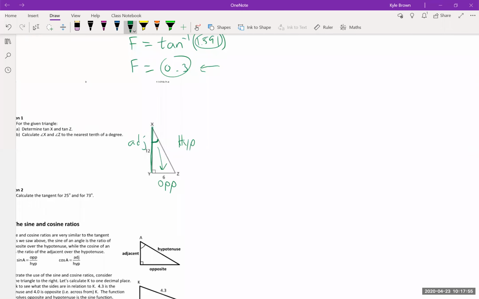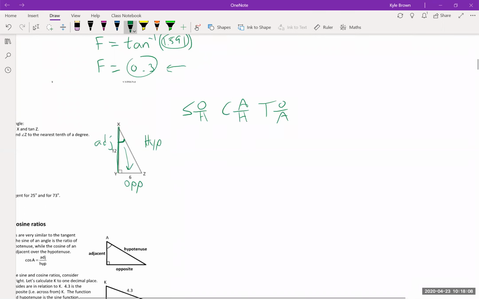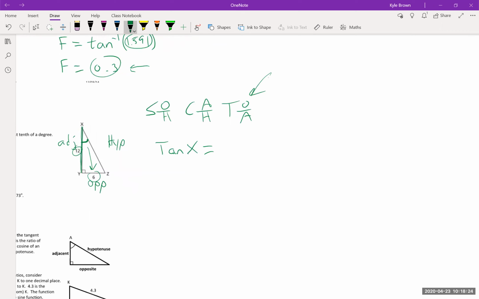Now, typically the way you'd want to set this up, we know what it is, but you'd write out SOH CAH TOA. Then I'd say, okay, they've given me the opposite and the adjacent, so I need tan, right? So you'd write out the tan of angle x is equal to opposite over adjacent.